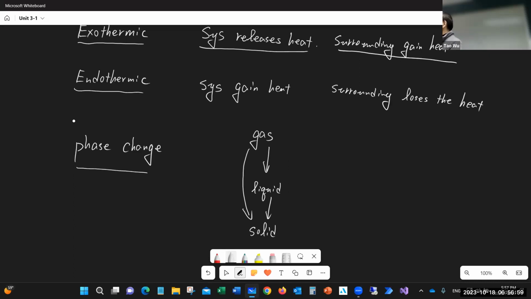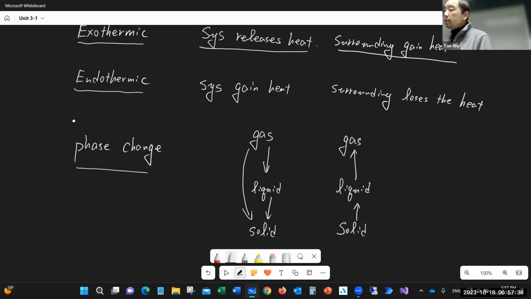Sublimation goes backwards. Sublimation is from solid to the gas. This process needs heat, because gas has higher energy, so they need to absorb the heat to do the sublimation. So everything going up, from solid to the liquid and to the gas, they need energy, they need heat. Otherwise, they cannot reach that certain temperature.